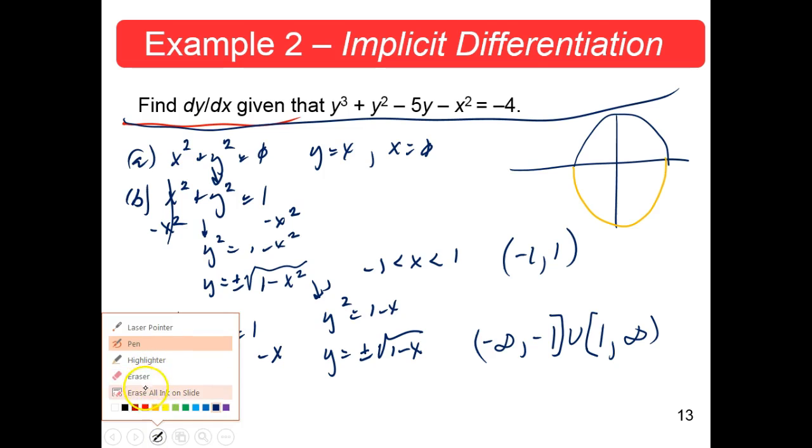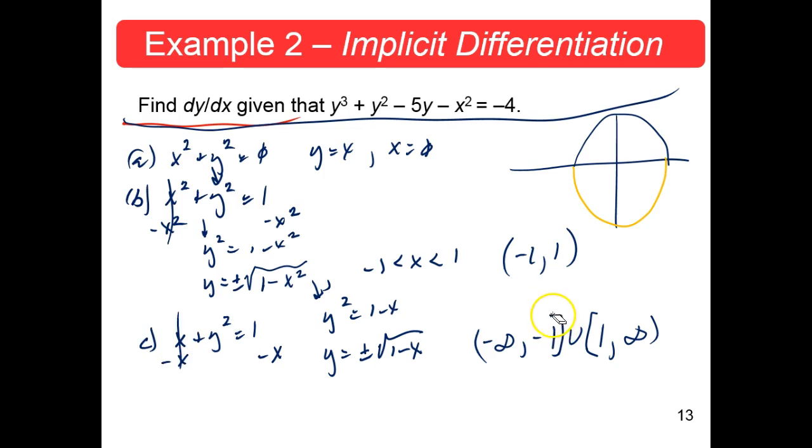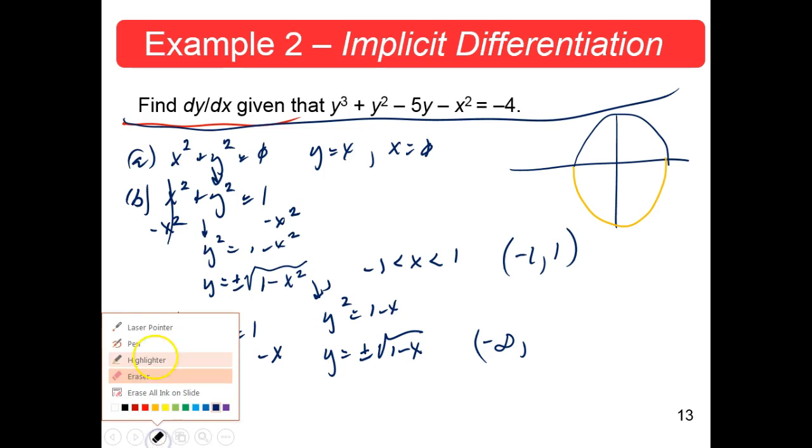Which one of these do you want me to write as a 0? The 0 can work, I forget how to put it in. How about this? Can I do that? Yeah. Okay.